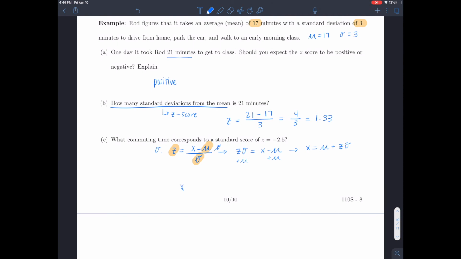So if I want to find the x value here, I'm going to have 17 plus negative 2.5 times sigma, which is 3. And this gives an x value of 9.5. And so here my units would be 9.5 minutes.